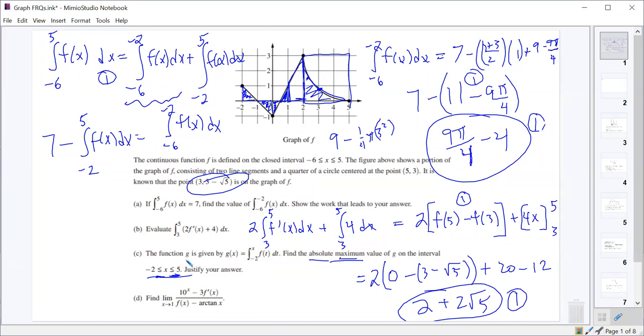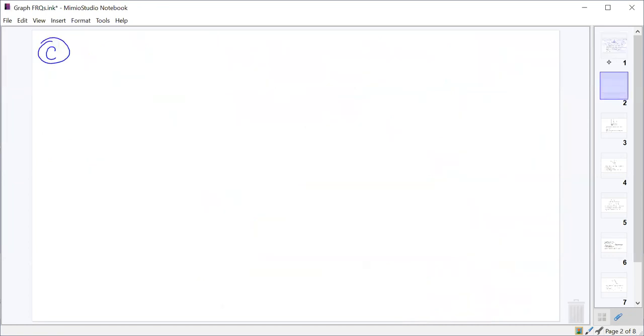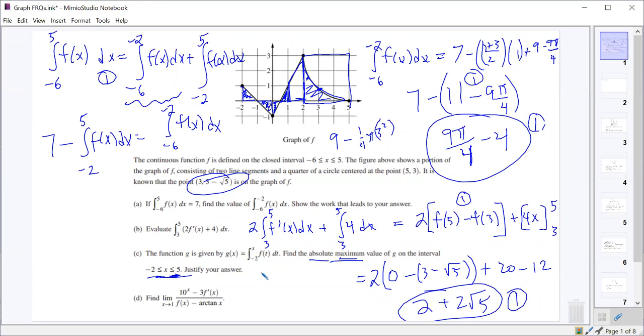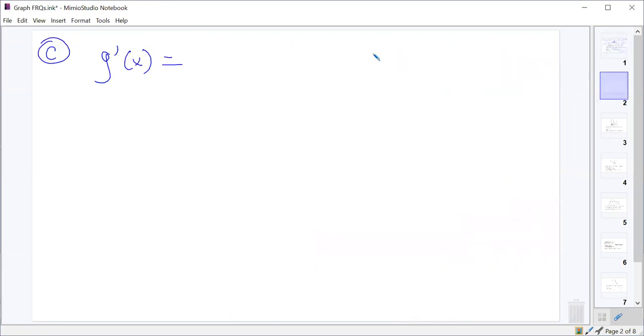So to find a critical value of g, we need to take its derivative. And what is the derivative of g? Based on this, the derivative of g should just be f of x. And so we are looking for when is f of x equal to 0?